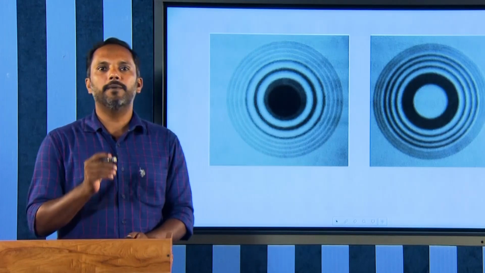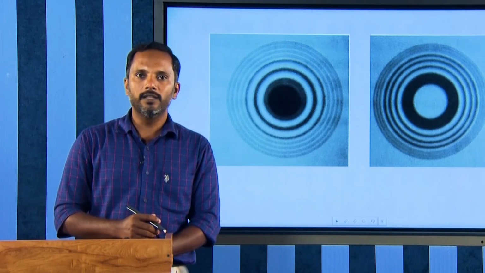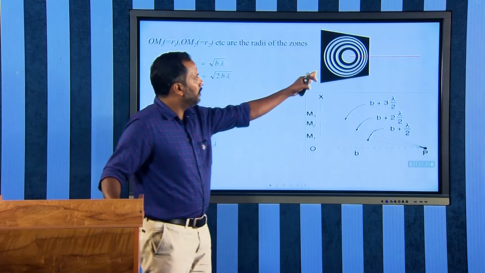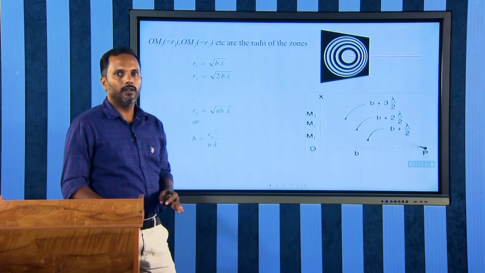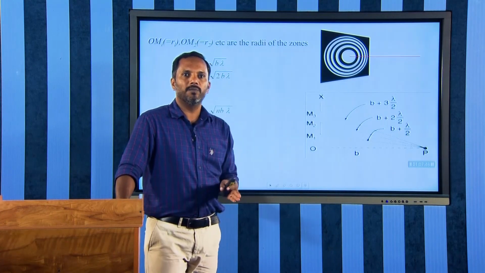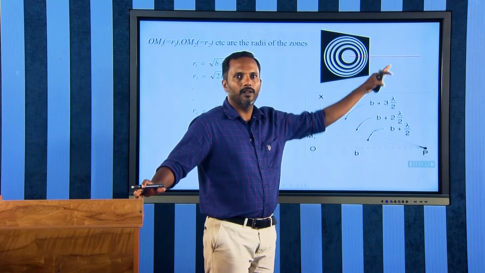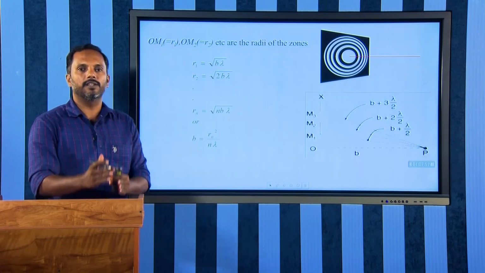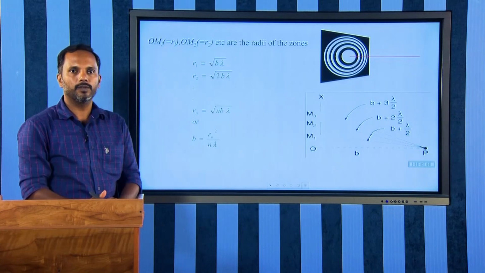Let us see what happens when we hold this zone plate perpendicular to the incident beam of light. This is the zone plate which I placed in front of the light. Now, the light passes through the zone plate and an image is formed on the screen at the other side.